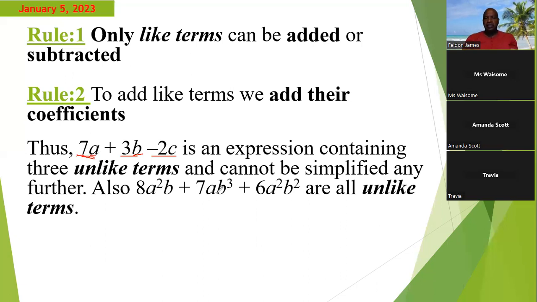What you will notice is that the same rules we learned when looking at integers also follow when we are adding like terms. The same principles of negative and positive follow during adding and subtracting of like terms.